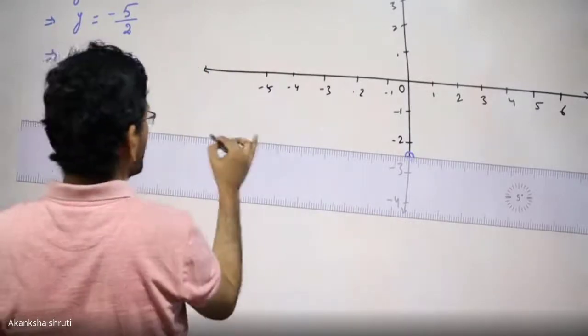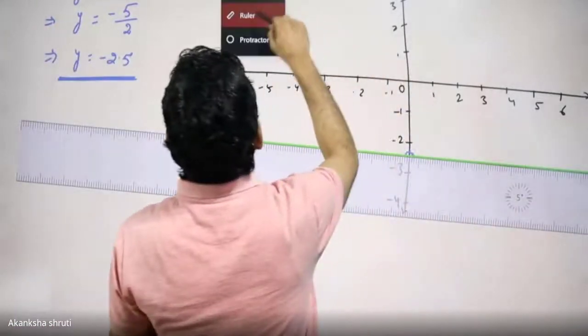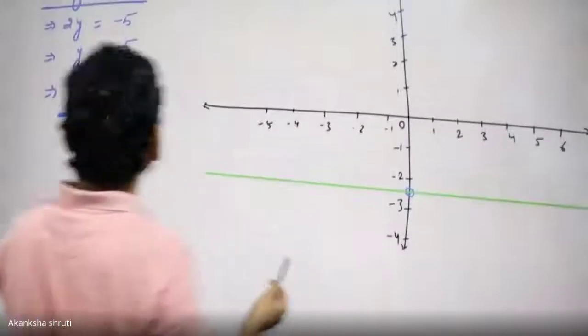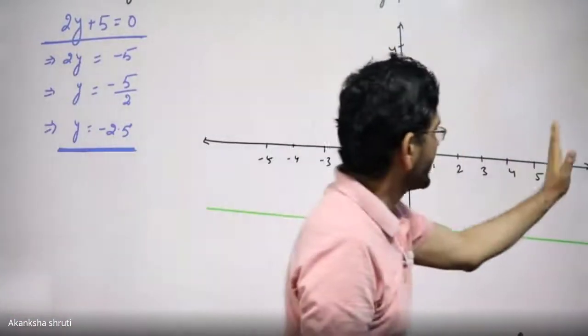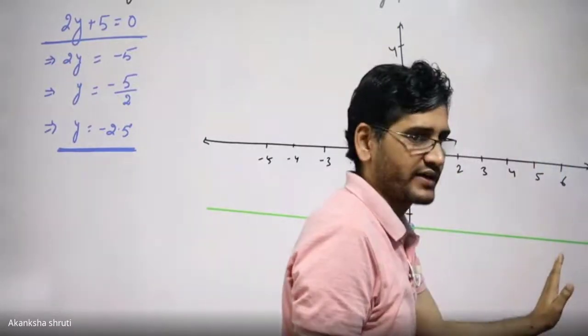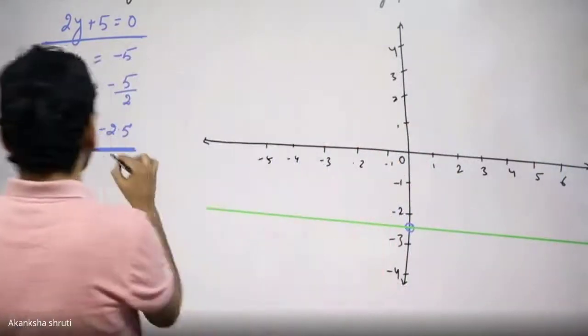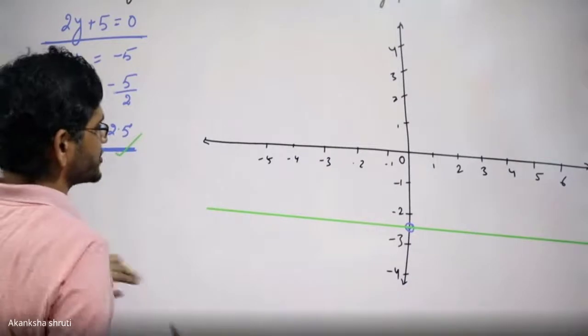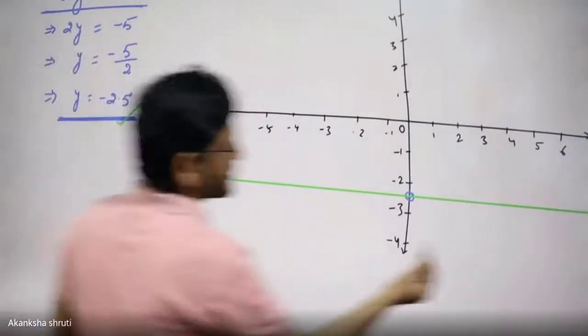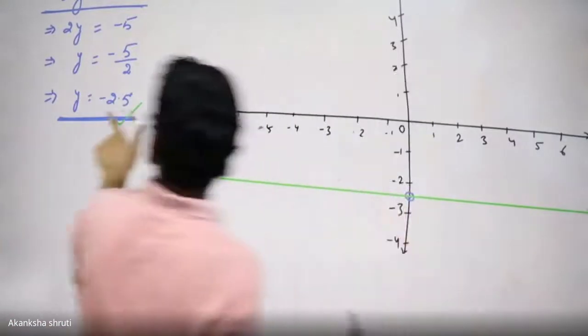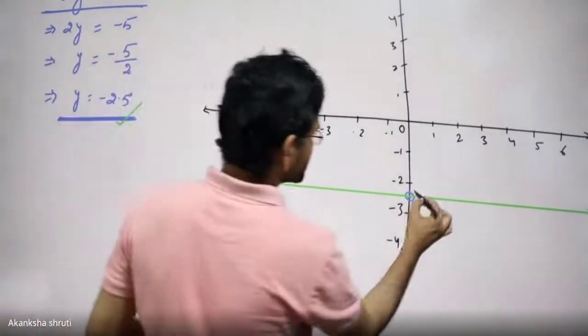Very easy thing, students. From the last conclusion, we have concluded that if we have the x value, we move on x, drawing a line parallel to the y-axis. Students, here y is equal to this much, meaning we have to move on the y-axis up to this much, minus 2.5.